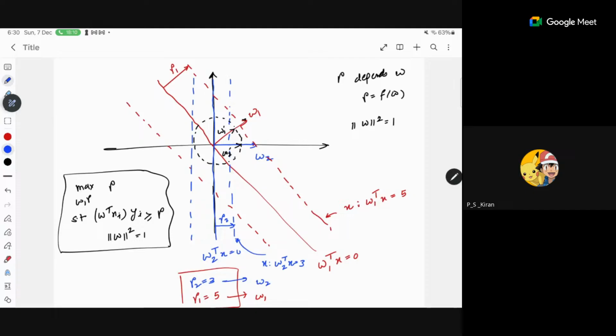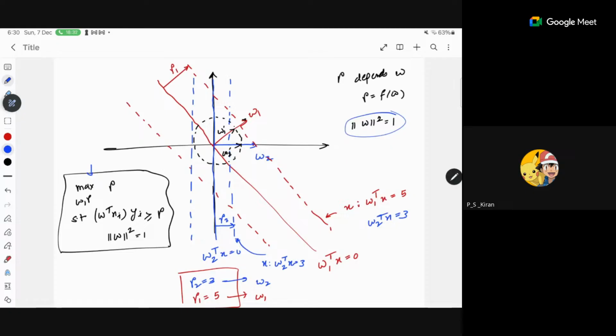Fine. So I know that this is equal to 1, right? But if I wanted to solve this problem, logically, can I compare W1 transpose x equal to 5 and W2 transpose x equal to 3?